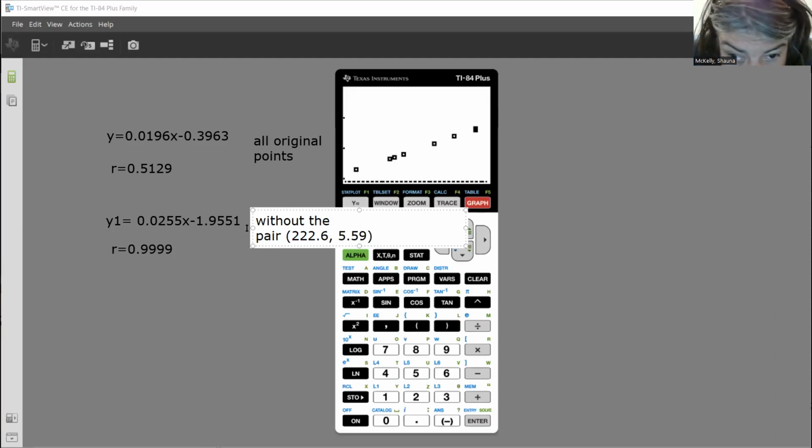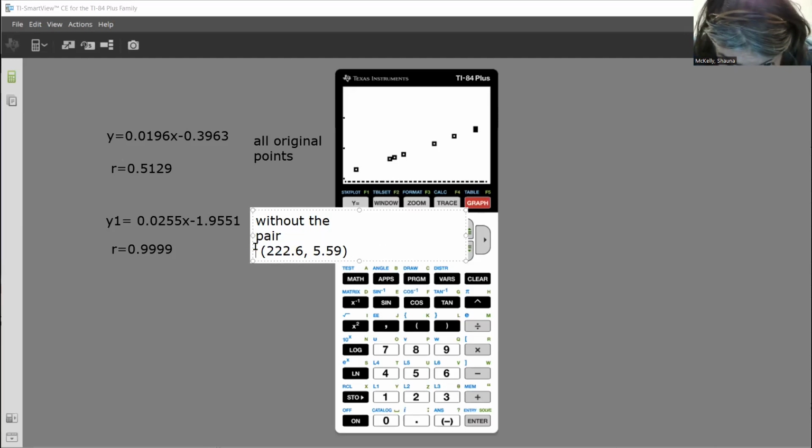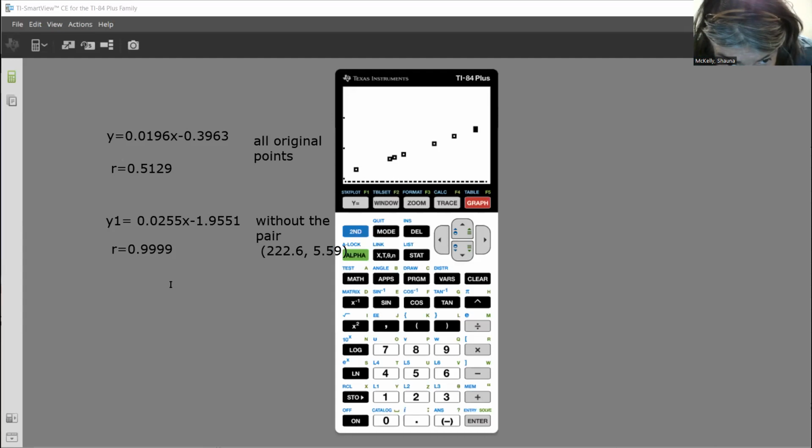Okay, this is our result without the pair. So notice how different they are. And if I graph this regression line, you would see it. But that's the difference. The regression equation obviously is different, but it's a much, much better fit without that outlier in there. Okay. That's what I wanted you to see.